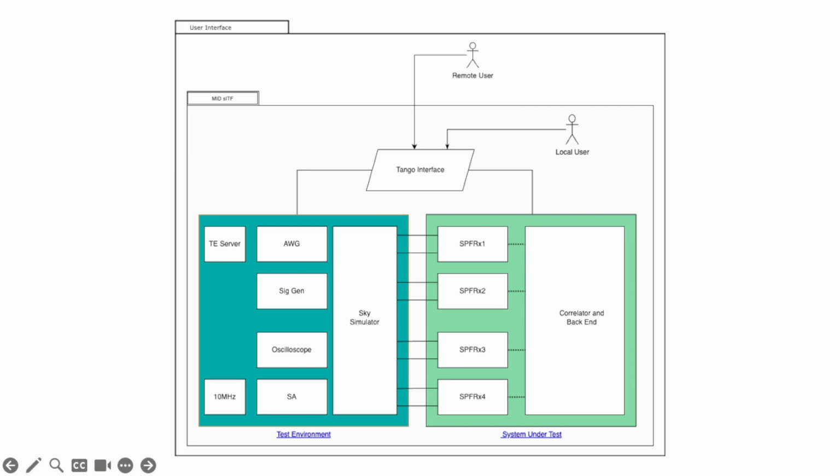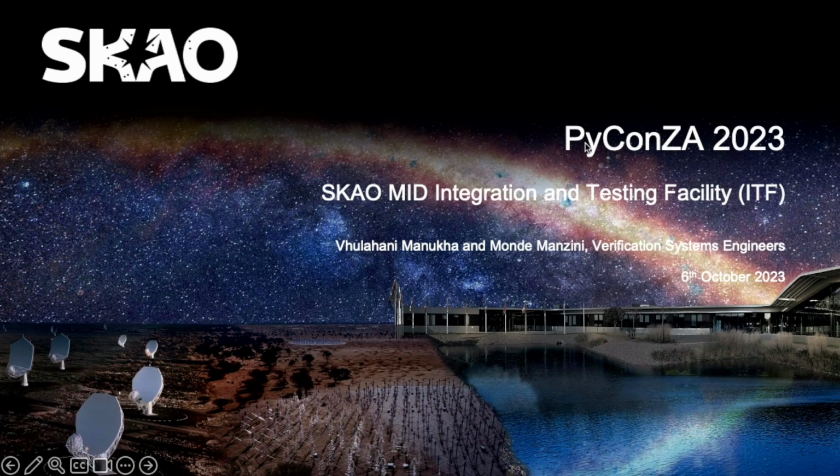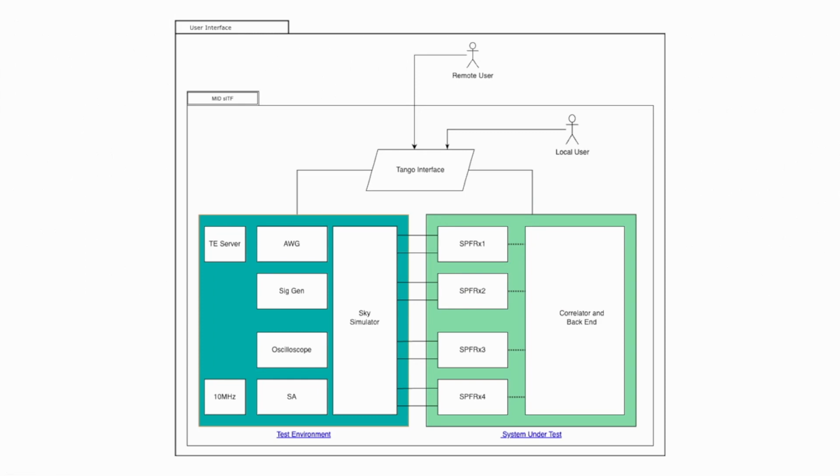The test environment comprises a bunch of different test equipment that we use to generate test vectors into the system under test. The system under test is made up of a bunch of devices under test. These are the products that make up the whole telescope. So Monde is going to dive into how we go about controlling these two environments. I guess that's where Python comes in.